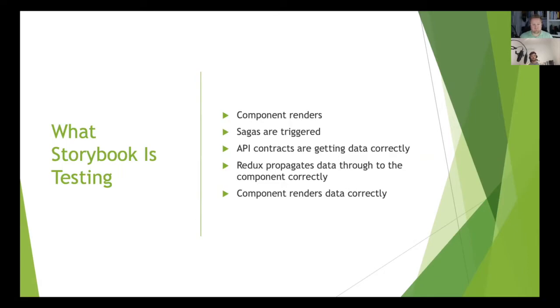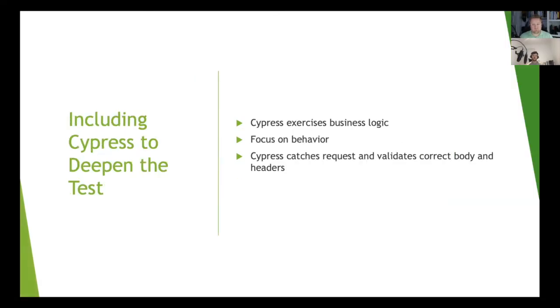And then when you combine that with Cypress, we're then able to also test the business logic of that component in isolation. We're able to focus on the behavior, so making sure things are appearing, disappearing, and finally, when we submit requests from the front end to the back end, we can catch those requests and assert on the body and on the headers.